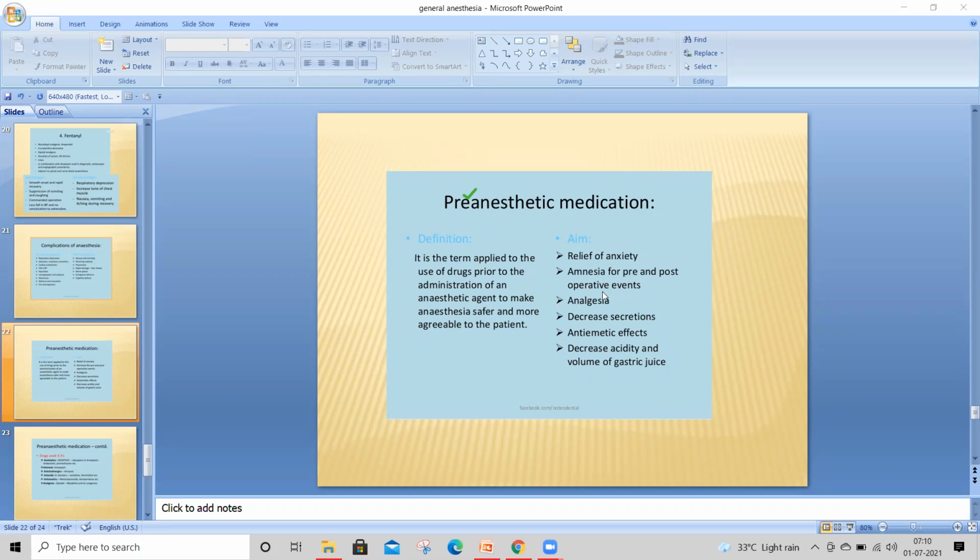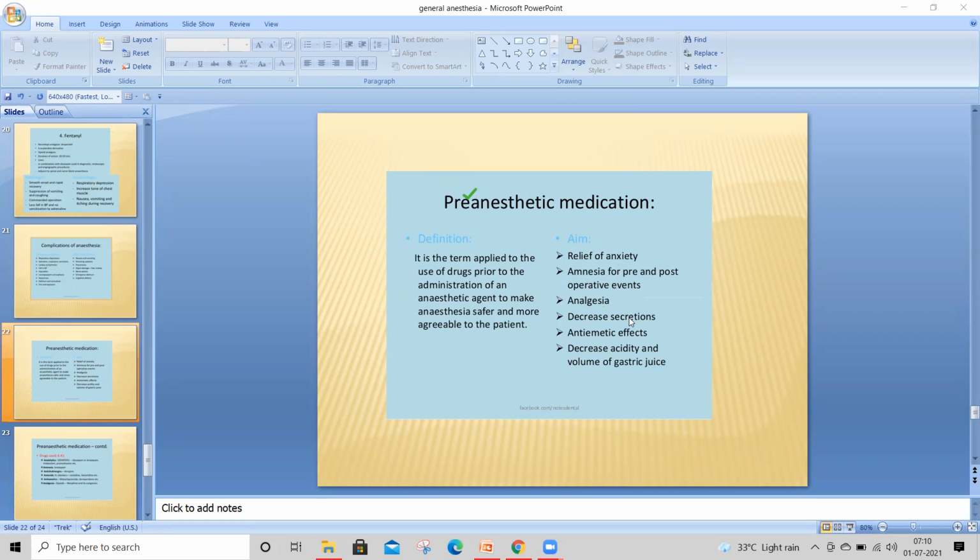So by seeing the aim or goal of the pre-anesthetic, you can say what medication should be used. For relief of anxiety, anti-anxiety drugs like diazepam will be used. To reduce pain, an opioid is used.